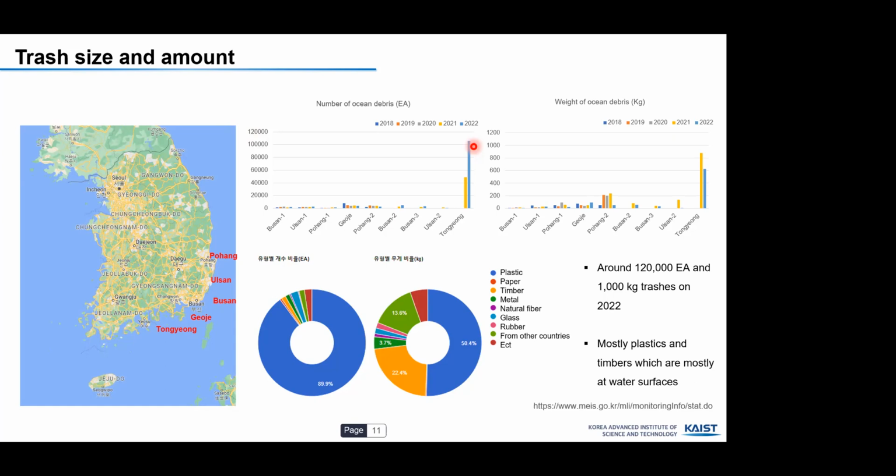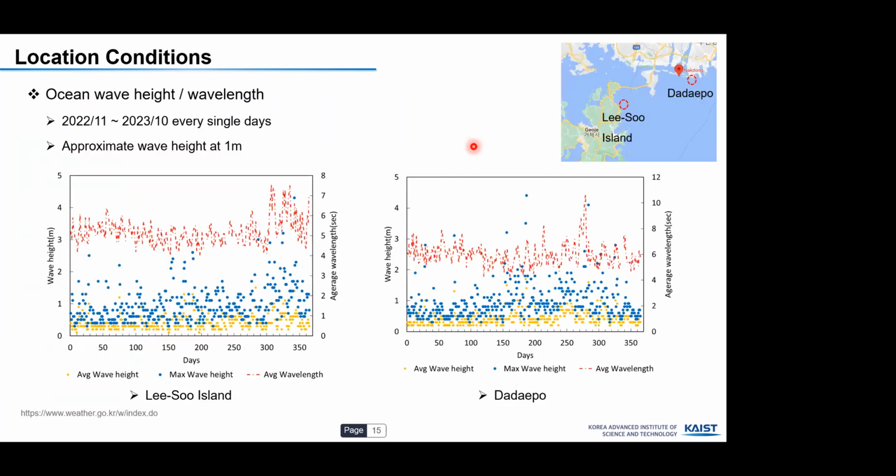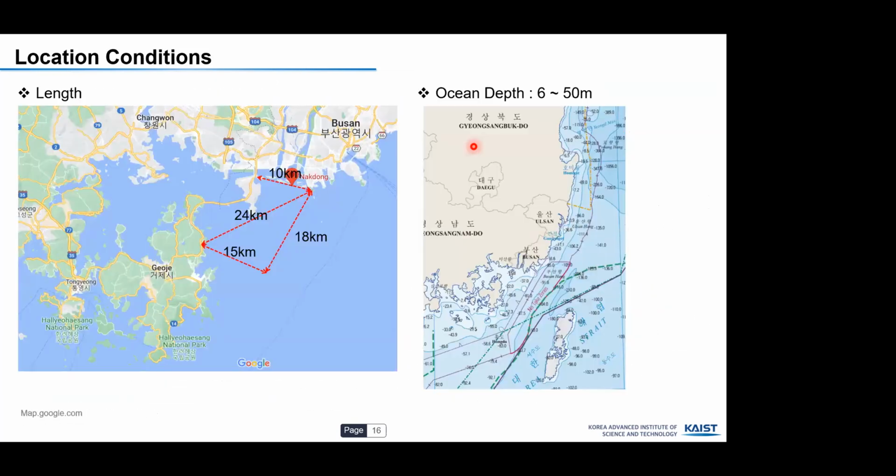So one thing is, it's depending on the size of the area. Can I see page 16? Oh, this one? Yeah. So the triangle it shows us is the area of focus.